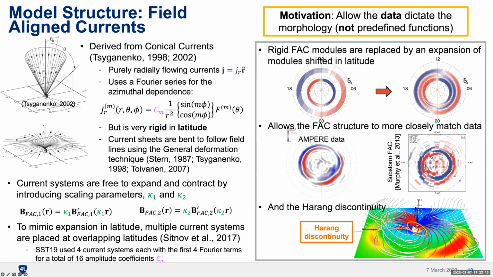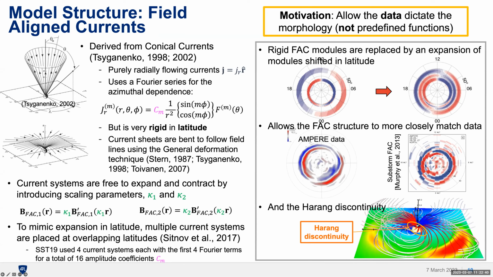So here was the original TS07 conical current system as seen at the ionosphere level. And you can see just how rigid this is in its latitudinal structure. So it uses a Fourier series for the longitudinal structure, but at the expense of this rigid solution in latitude. And what we realized is we can just take several of these systems.